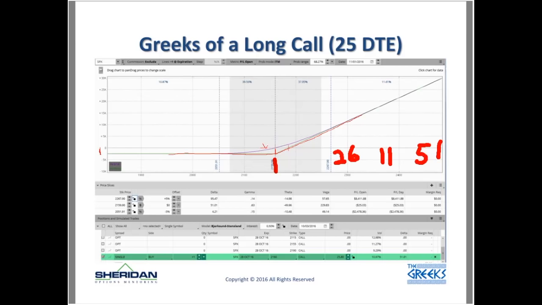Let me ask you a question. Is an implied volatility of 11, an at the money call in SPX, high or low? Low, right?